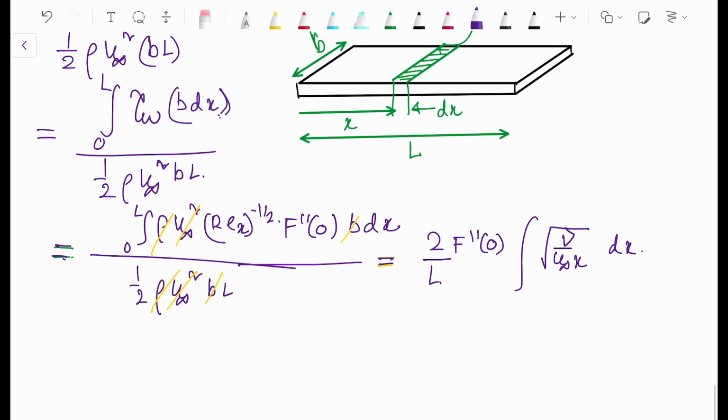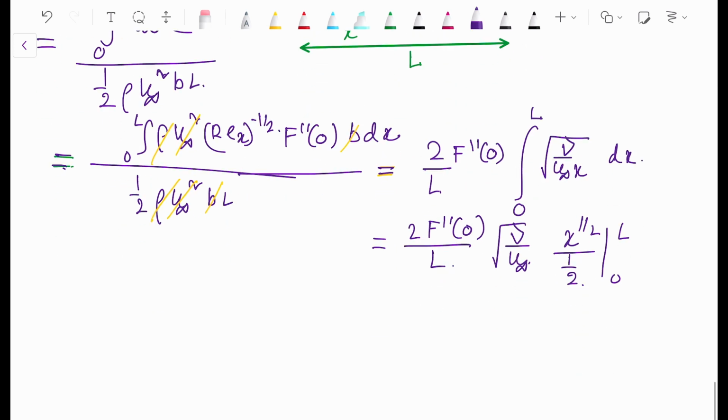So that will be 2 f double dash 0 by l, integral from 0 to l, root of nu by u infinity taken out, and here it is x to the power minus half dx, so x to the power half by half, from 0 to l.